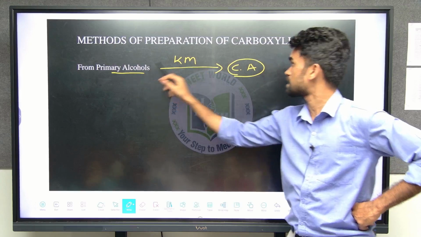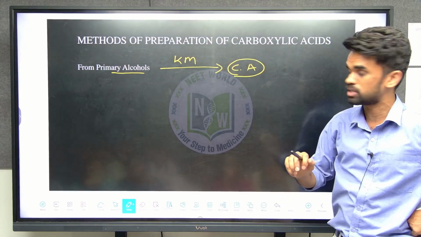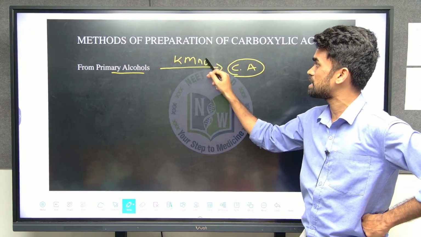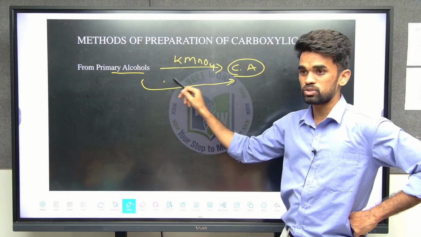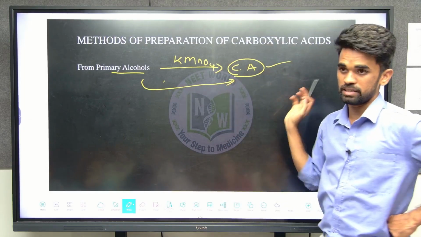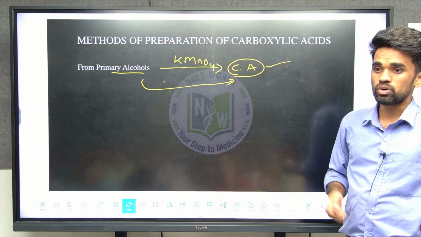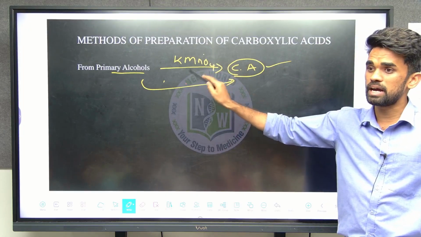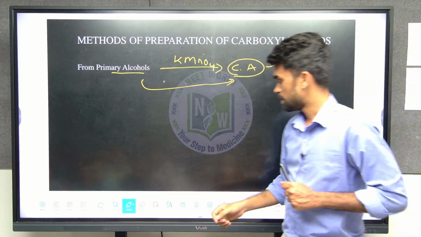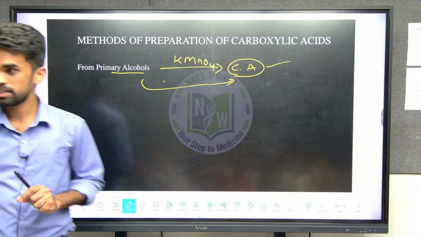See, alcohol's conversion to carboxylic acid means oxidation. So for that purpose we require oxidizing agents like KMnO4 or potassium dichromate K2Cr2O7. Those are perfect. Copper will give you aldehyde. Only KMnO4 or K2Cr2O7. Next, Jones reagent. These are the 3 things.